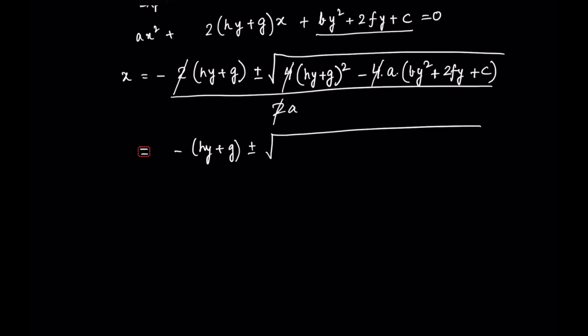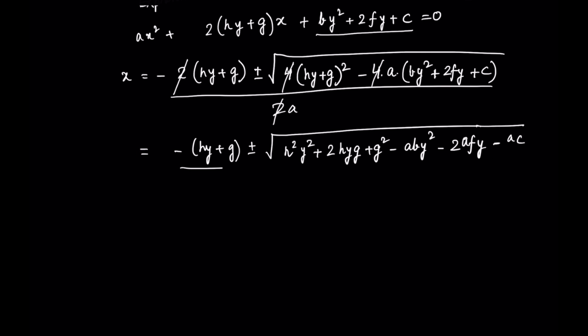this. Let's simplify this a bit. h square y square plus 2hyg plus g square minus aby square minus 2afy minus ac, divided by a.